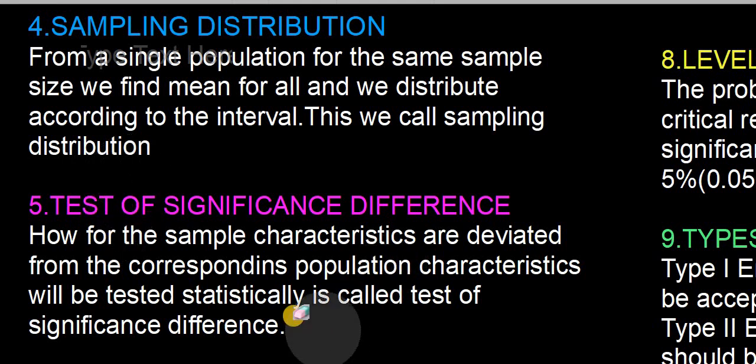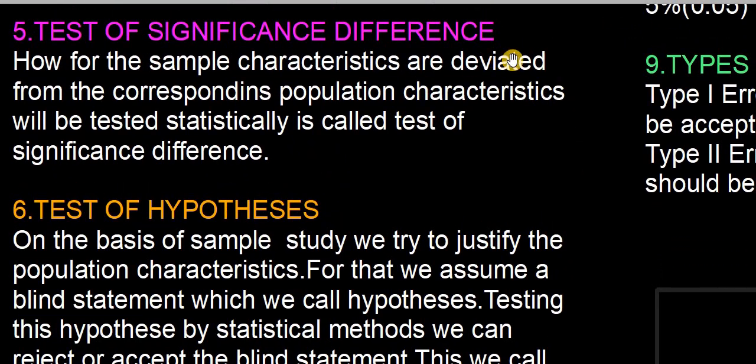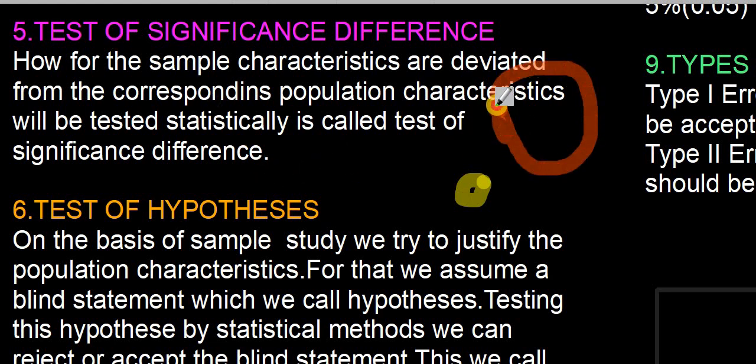Now what is the test of significance? Test of significance of difference. We will study it in detail in the future, but now you understand what exactly it means. The test of significance means, as I already told you, that the sample characteristics can be extended to the population. Take for example, this is the sample and this is the population. Suppose we are studying some characteristics of this particular sample, and we are trying to apply this idea to the population.